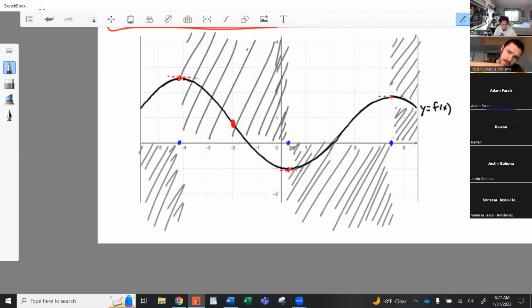And then what we want to do is estimate, real roughly, what approximately the slope of a tangent line right there is going to be. If we imagine drawing that tangent line, what approximately is that slope? I'm going to guess that it's pretty close to -1, maybe a little bit steeper than -1.